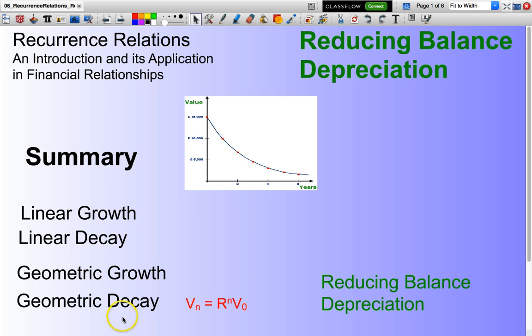It can be modelled using the geometric decay rule, which is effectively Vn equals R to the power of n multiplied by V0, where R is a number less than 1.